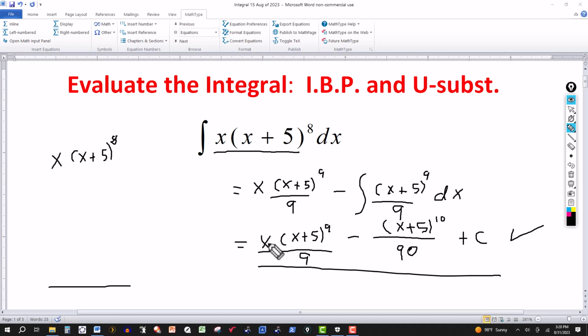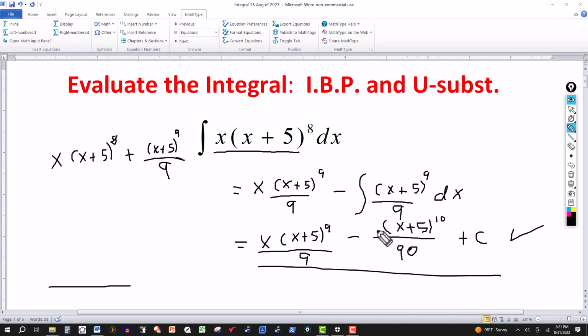So again, it's the x times the derivative of the expression here. And then it's plus the second factor, (x plus 5) to the 9th over 9, times the derivative of the first part, x, which is 1, so this gives me this. And then for the second part, take the derivative here.